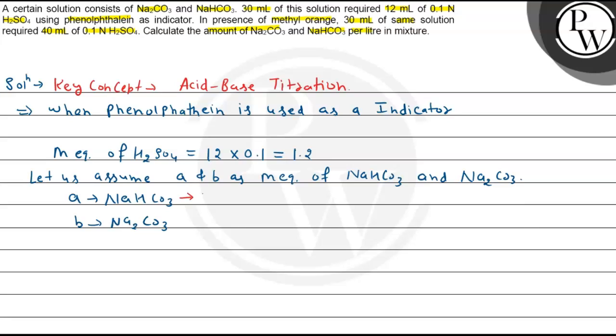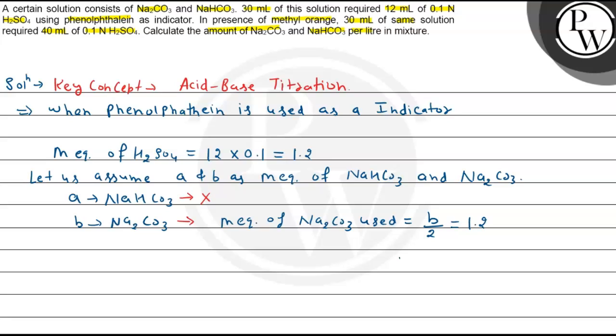Now when phenolphthalein is used as a indicator, NaHCO3 will not undergo neutralization. Only some amount of Na2CO3 will be neutralized and it's only half part. So we can say that from here the gram equivalent or milli equivalent of Na2CO3 which are used will be equal to B by 2, and this is equal to the gram equivalent or milli equivalent of H2SO4 used, and from above calculation we can say that it is equal to 1.2.